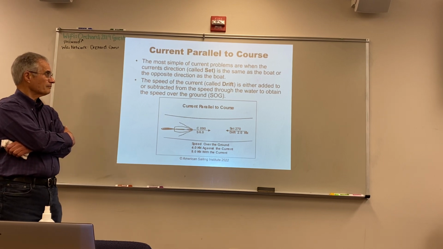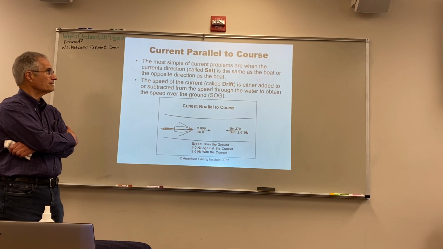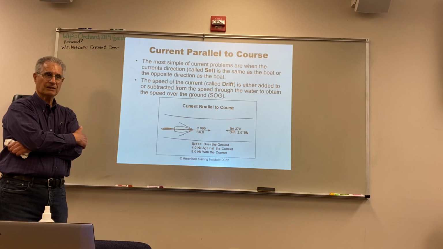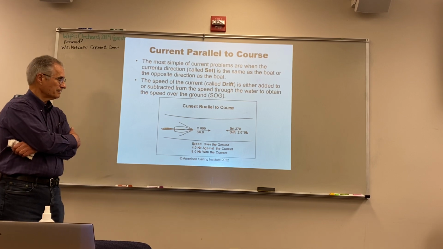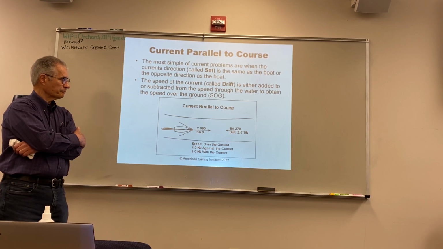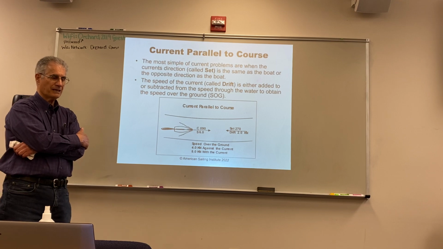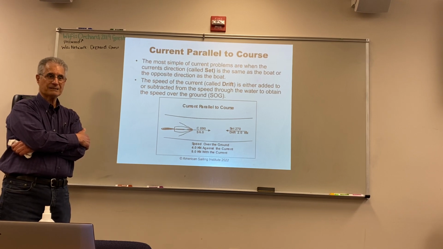So that's all we're really gonna say about this subject. It's just the basic idea that if your drift is against your boat, it's gonna cut your speed, and if it's with your boat, it's gonna increase your speed. And your knot meter's not gonna read the same.